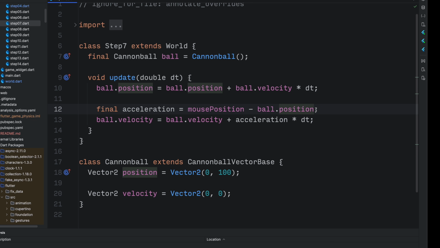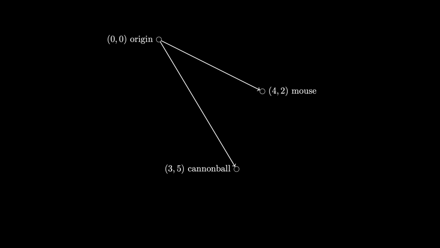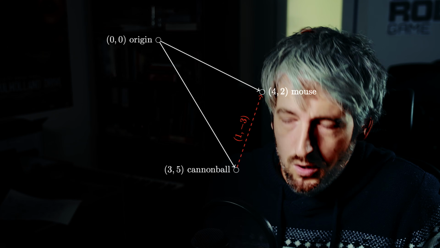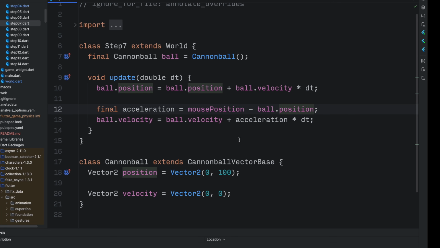So we're basically saying take the position of the mouse wherever it is, and then subtract the position of the ball wherever it is, and what you get from that is the direction from wherever the ball is towards wherever the mouse is currently. Right?